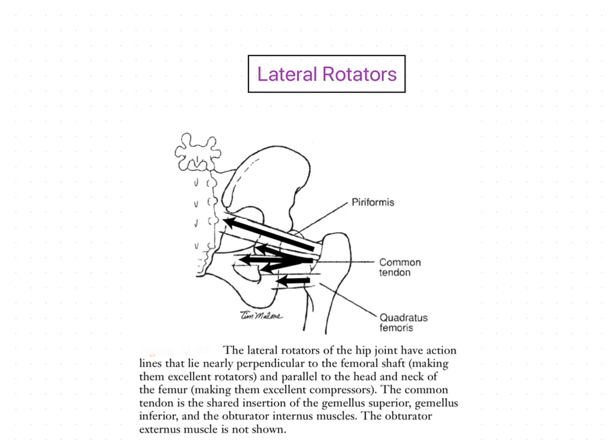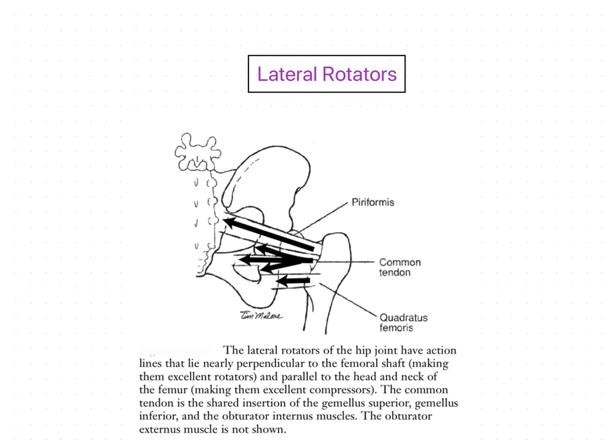All these muscles are present below the gluteus maximus, on the posterior aspect. Because of their anatomical position, they help in lateral rotation, and the lines of action produced by these muscles make them excellent joint compressors.